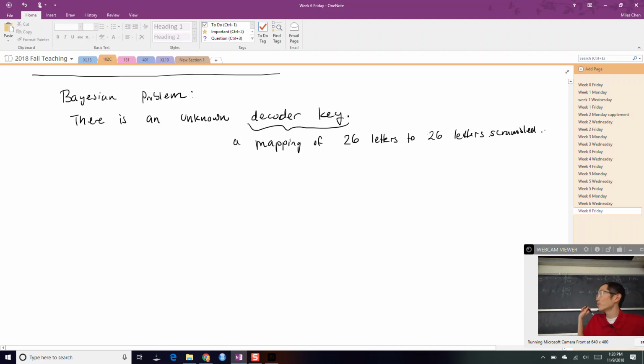How many possible mappings are there? What do you guys think? Anybody?